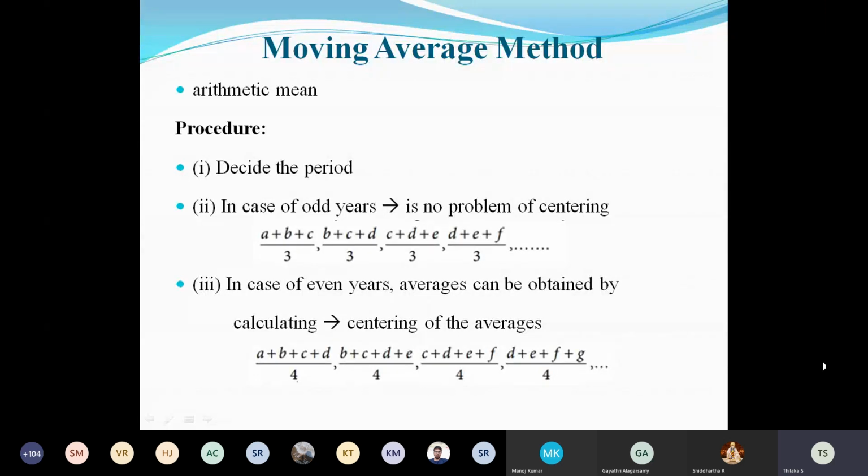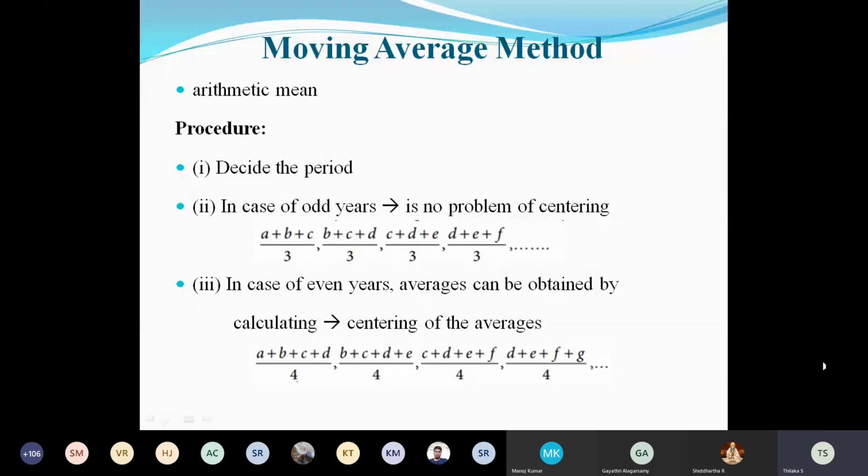So the second set average has to be calculated. Likewise, the third set, that is third year, fourth year, fifth year, 3, 4, 5, C, D, E. Likewise, we have to calculate the 3 years total and the 3 years average for all the data which was given. Is it clear, guys? Yes, ma'am.